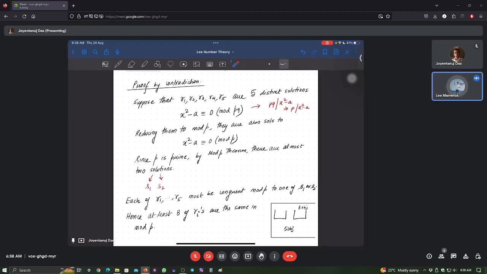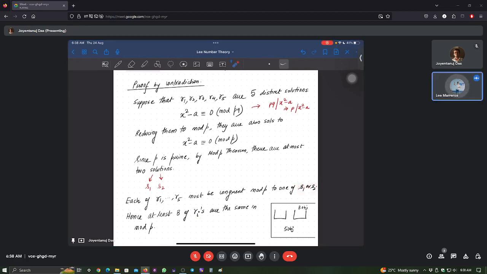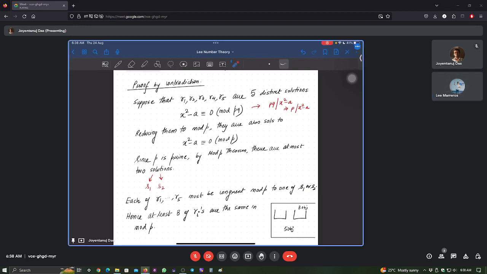So you don't know which one, but any R could be congruent modulo P to any S. And then you're saying at least 3 R's must be congruent to the same S1 or S2.